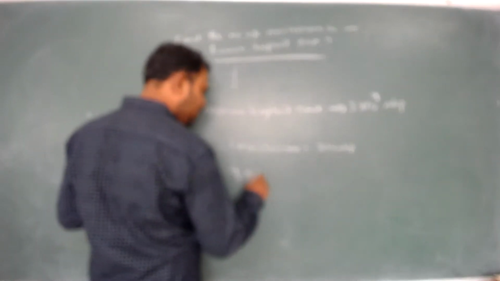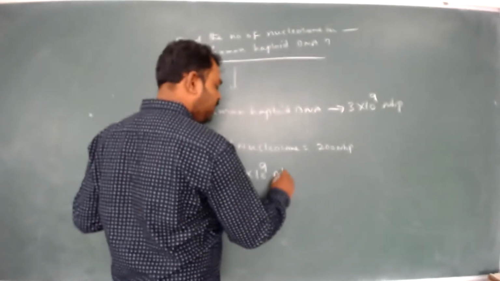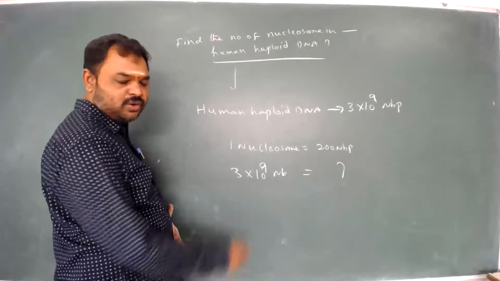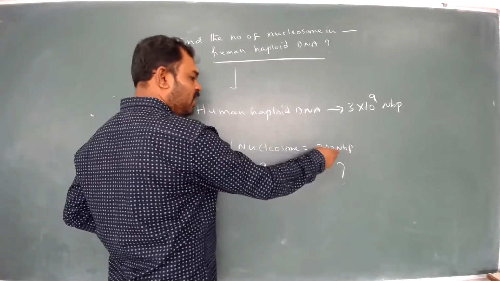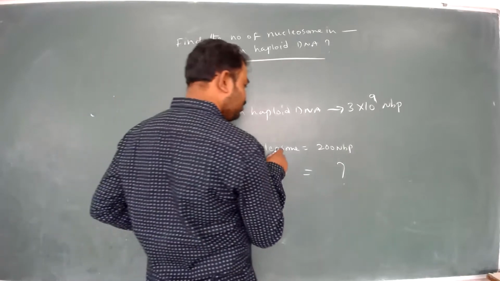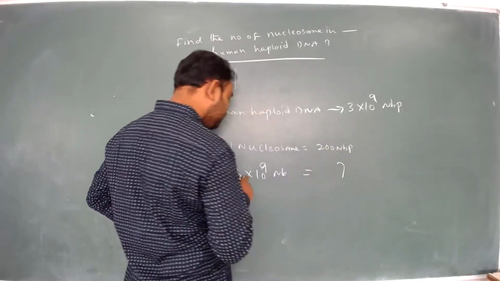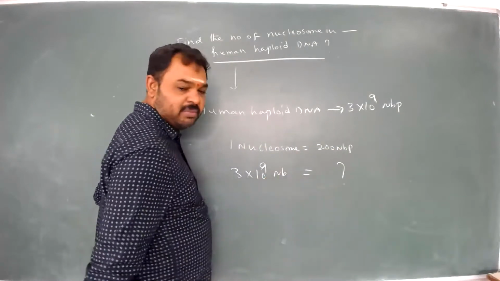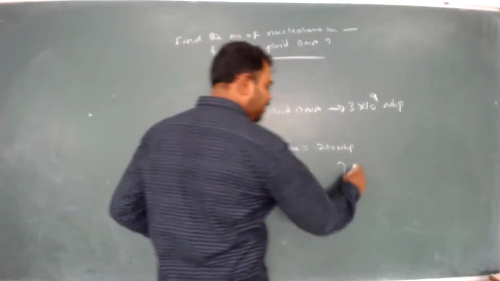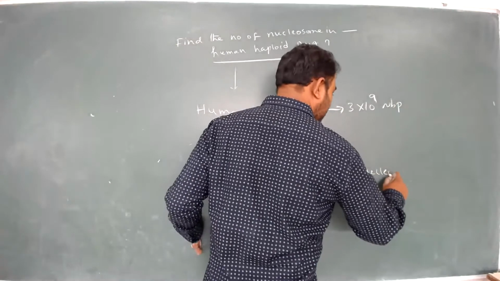But 3 into 10 power 9 nucleotide base pairs equals how many nucleosomes? One nucleosome equals 200 nucleotide base pairs. 3 into 10 power 9 nucleotide base pairs equals how many nucleosomes? That is the question.